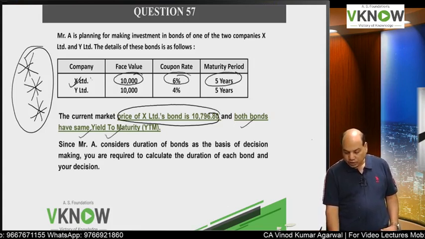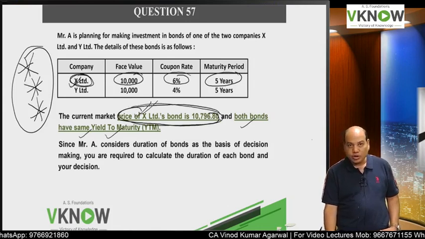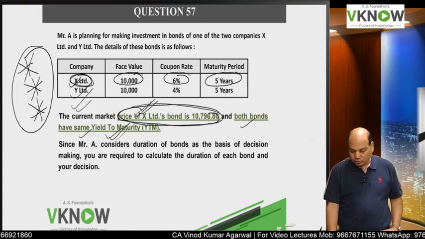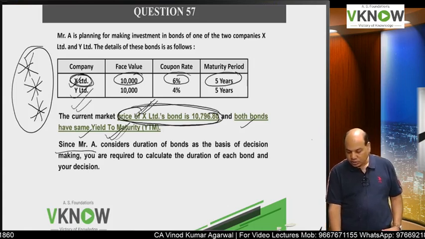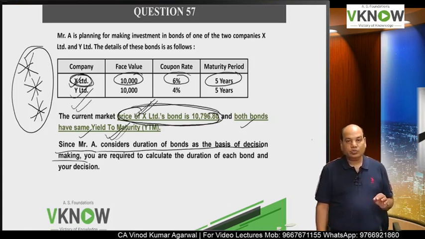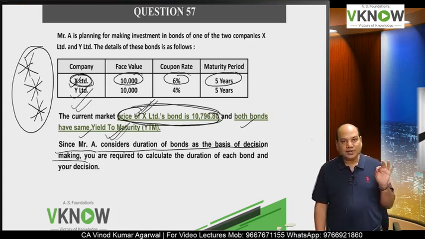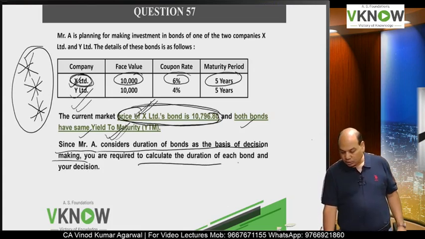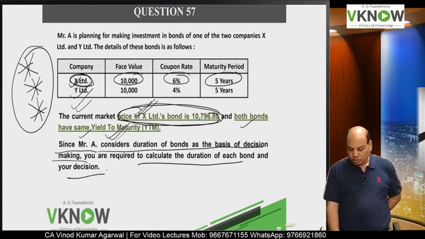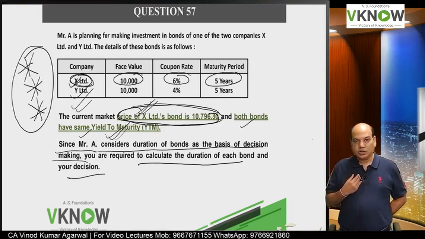Since Mr. A considers duration of the bond as a basis of decision making, because YTM is going to be the same, you are required to calculate duration of each bond and give your decision.